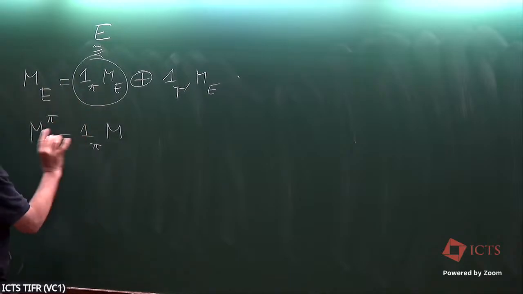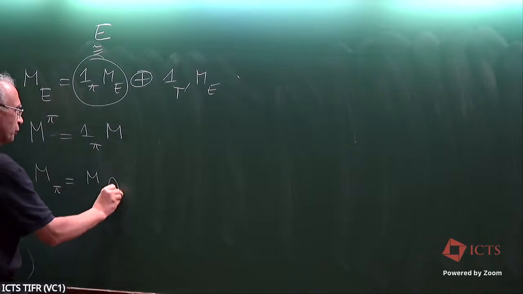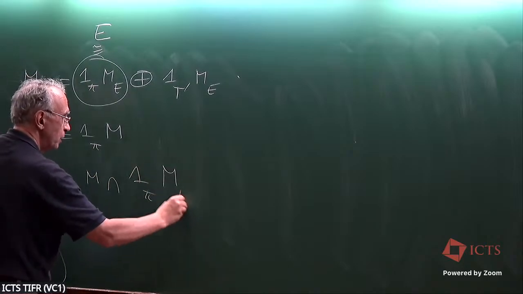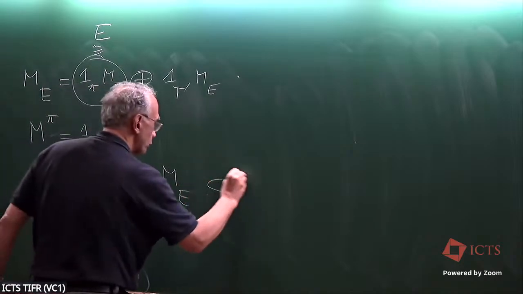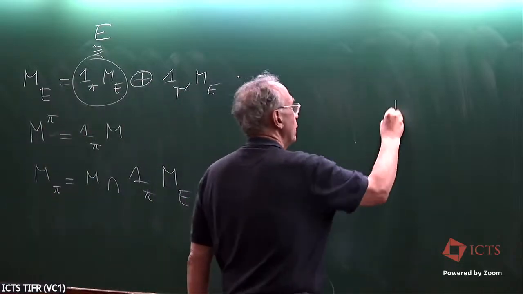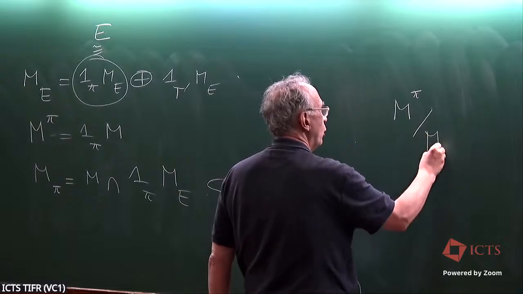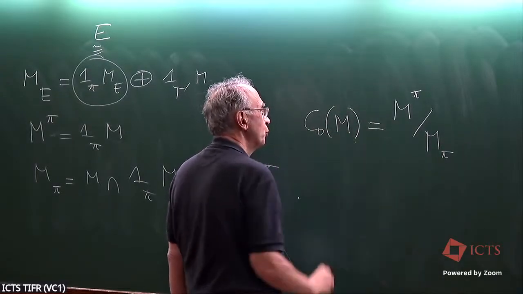But on the other hand, you have M lower pi, which is M intersection with 1 pi ME, which is of course a submodule of M, and obviously it is a submodule of M upper pi. Then you consider the quotient M upper pi modulo M lower pi. This is called the M congruence module.